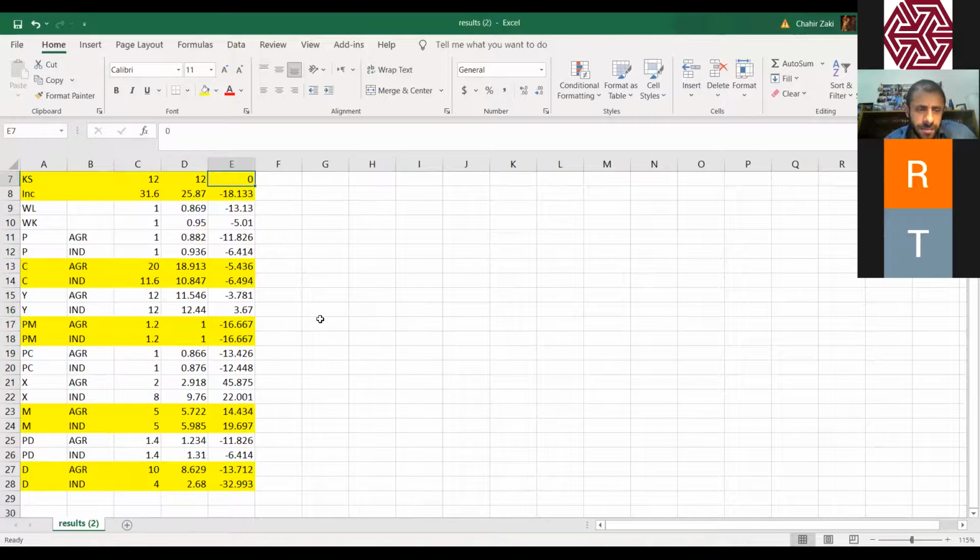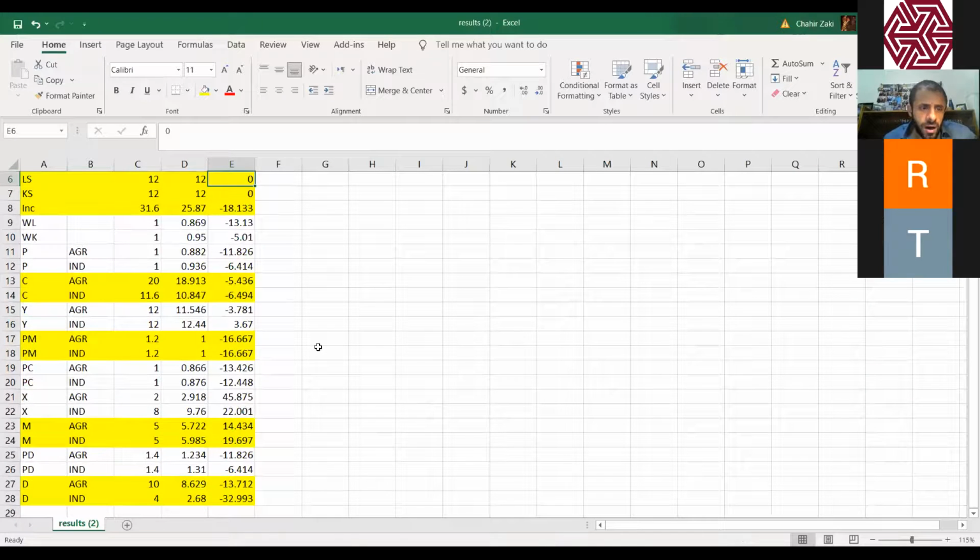Bearing in mind that labor supply and capital supply are exogenous. So what do you think? But did we remove tariffs for both goods, for both agricultural and industrial goods? Yes. What do you think?